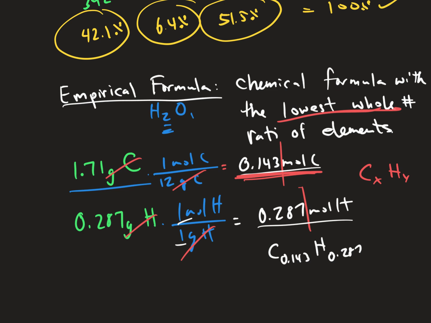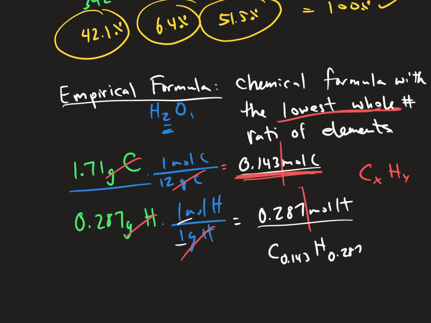No, that's not going to make it 1. Dividing it by itself will make it 1. Does that make sense? We're going to pick the smallest amount to make it 1, because that's the lowest number. We want the lowest whole number to be 1.